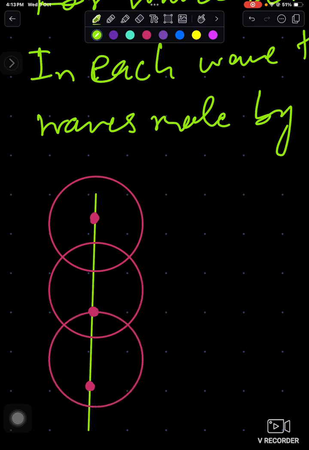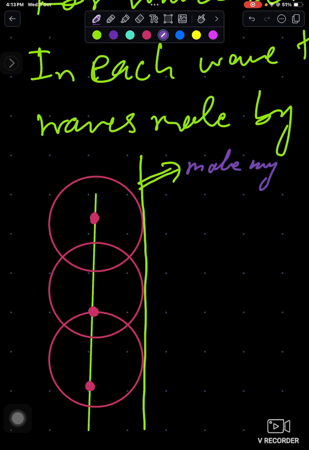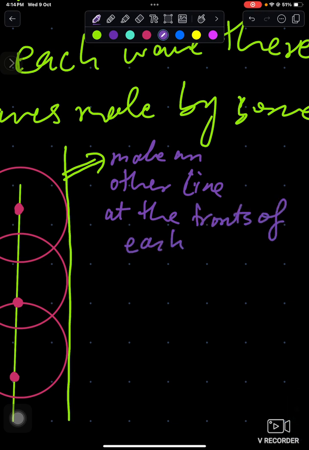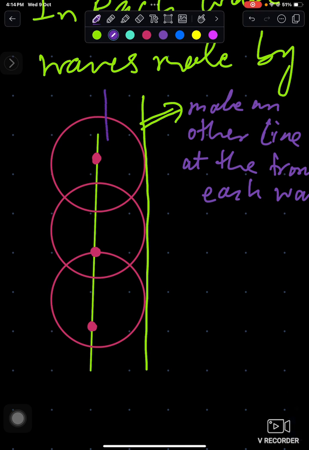now you will see that if you make another line at the fronts of each wave. Here our main topic is the front arc.